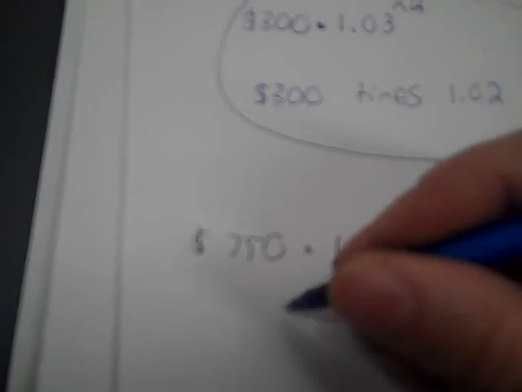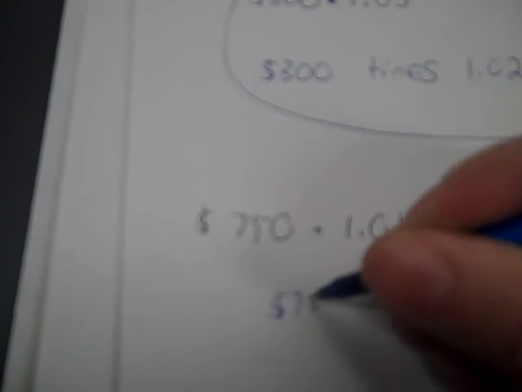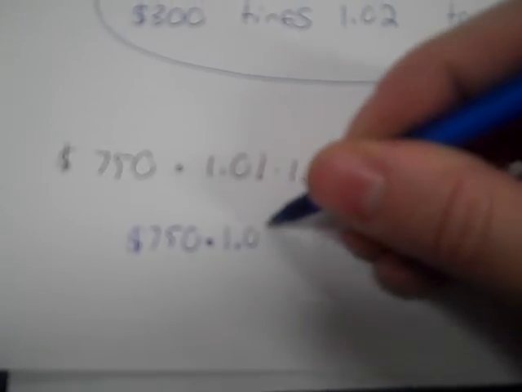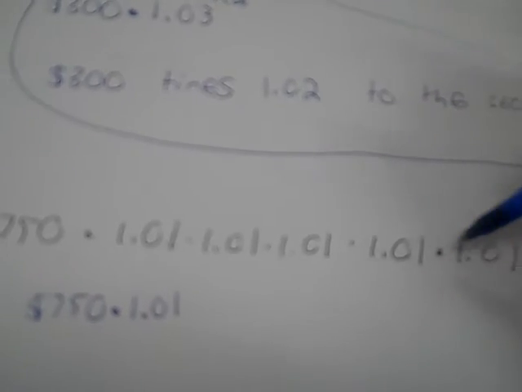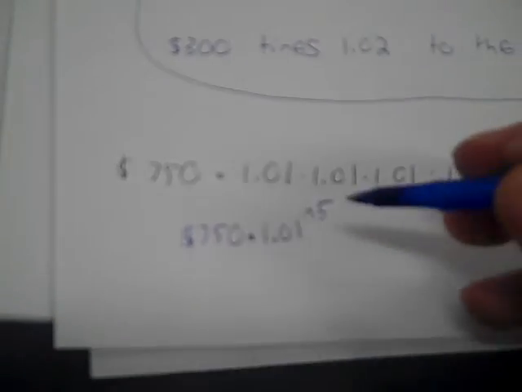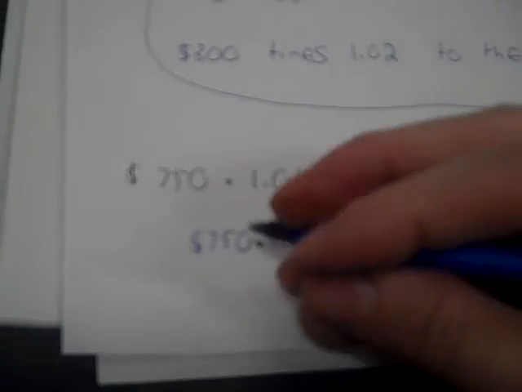Now the next one, we got 750 just once, and we have 1.01. We have 1, 2, 3, 4, 5 of those, so to the power of 5. Now, how do we say that in word form?